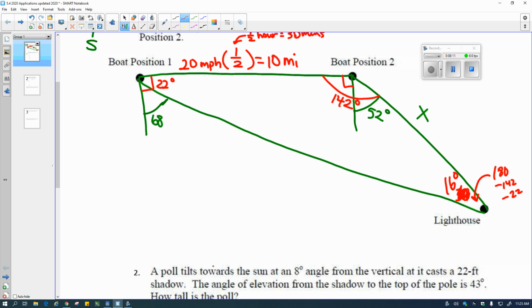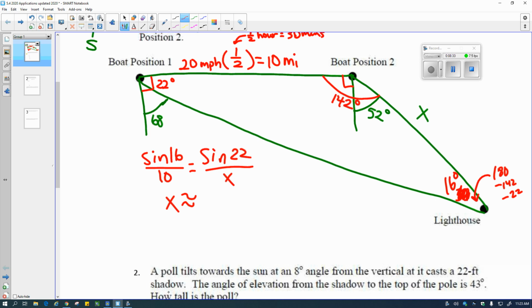And again, this is where I'm going to let you guys do the math. I can put the sine of 16 over 10 equals the sine of 22 over x, because I'll take the sine opposite the x, cross multiply and solve. I'm going to get a rough estimate. It doesn't really tell us what to round to.